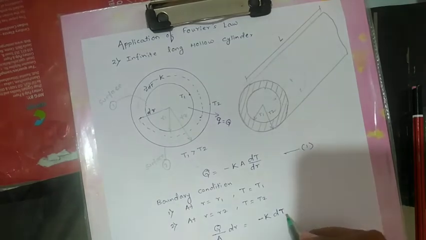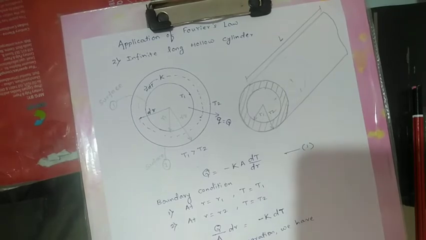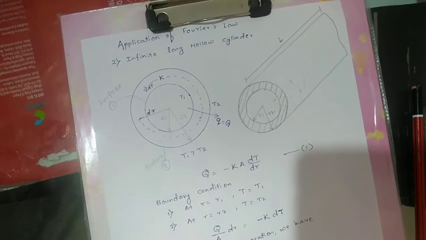Now we have to apply integration using the boundary conditions. Applying integration, on the left hand side you have dr, so integration from R1 to R2 of Q upon A dr, and on the right hand side you have dT, so integration from T1 to T2 of minus K dT.